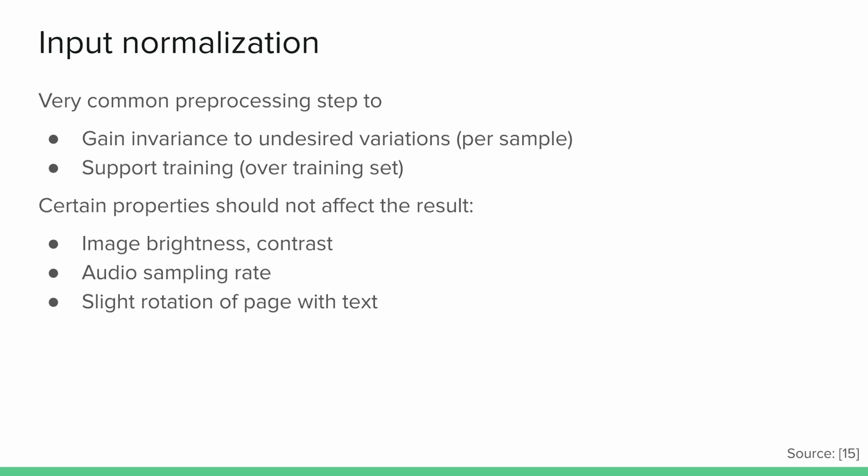and ultimately it can support our training if we normalize our entire training set to make it look more homogeneous. The underlying assumption is the following, that certain properties of our data are relevant and other properties are not. And the network should learn to distinguish between things that are relevant and that are not relevant.